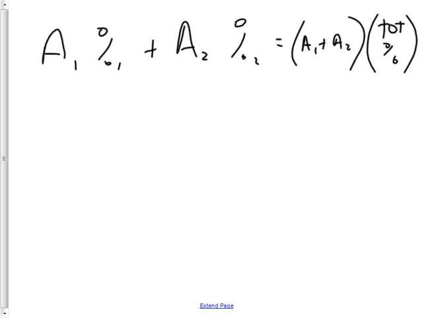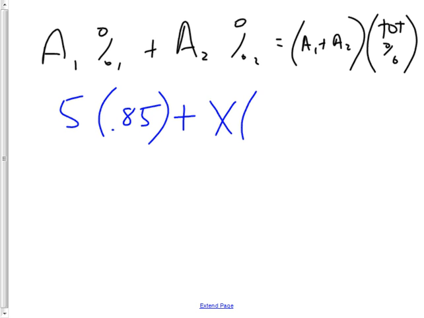This formula will be very handy. All right, so how much did I start with? 5 ounces of 85%, I think I said, right? Plus, I don't know how much to add, X, times 100% Kool-Aid, which I'm going to call 1.00.